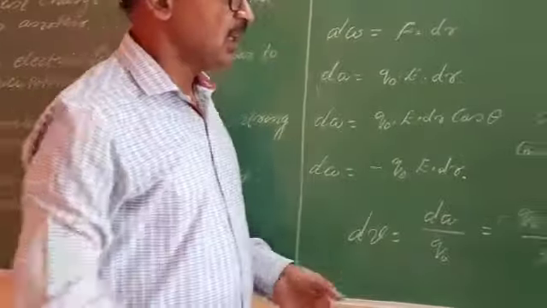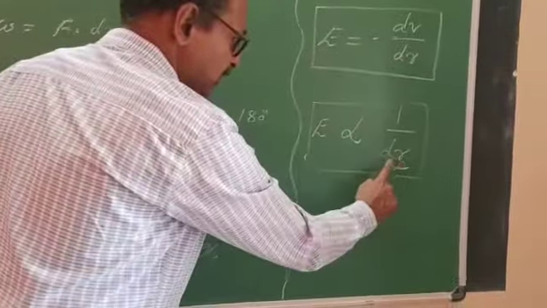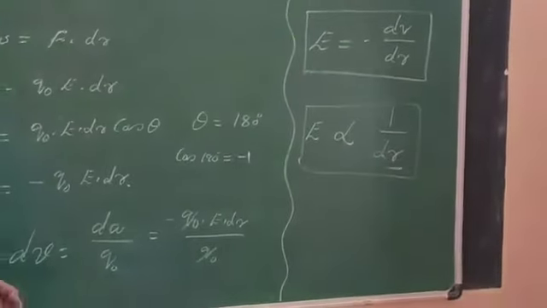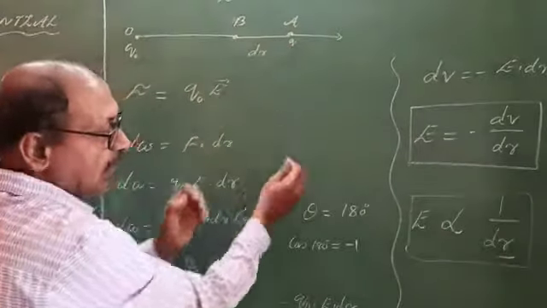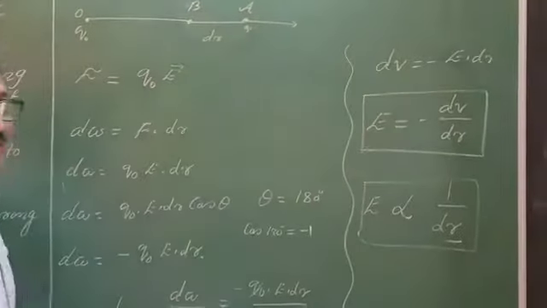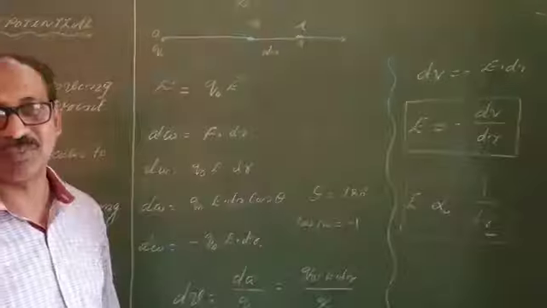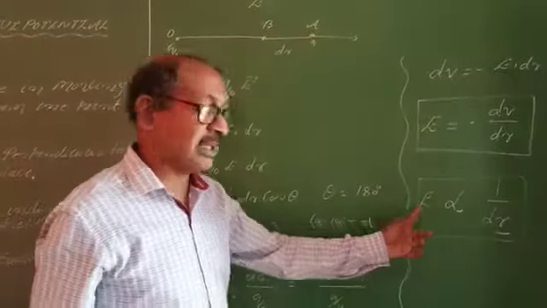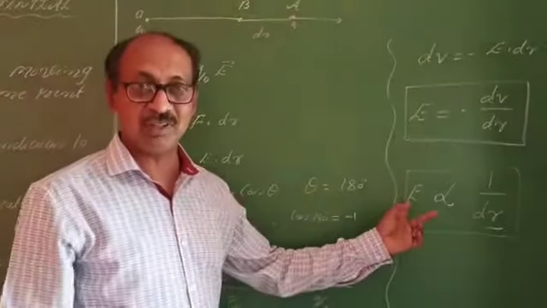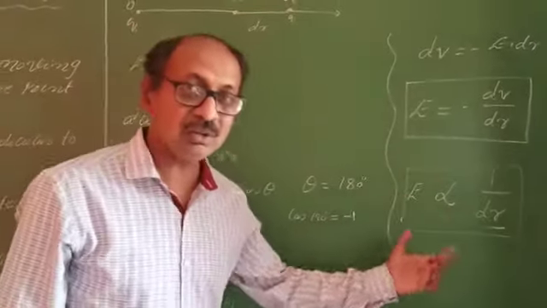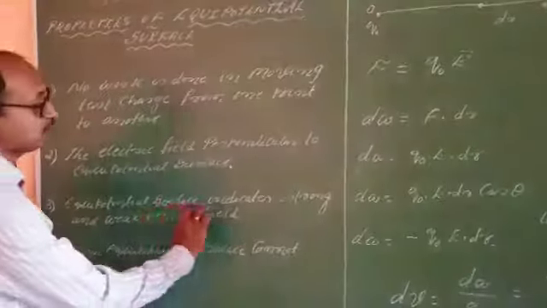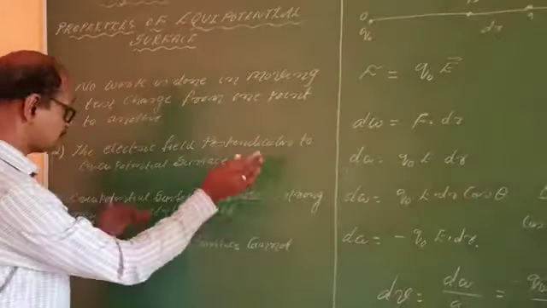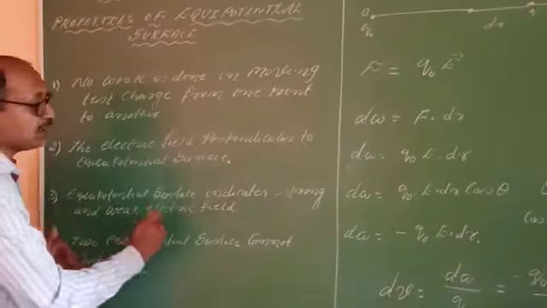Please see this: E is proportional to 1 over dr. It means that if this distance becomes smaller and smaller, E, the electric field, becomes greater. So this is how the third property works: the equipotential surface indicates the strong and also the weak electric field.